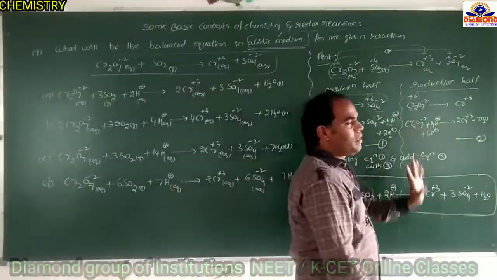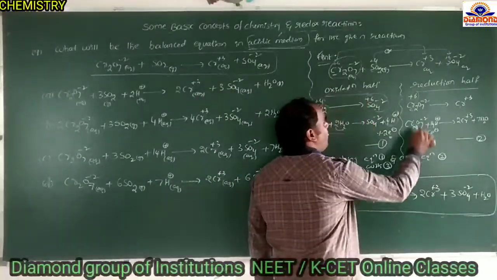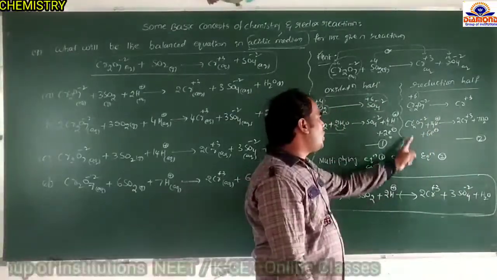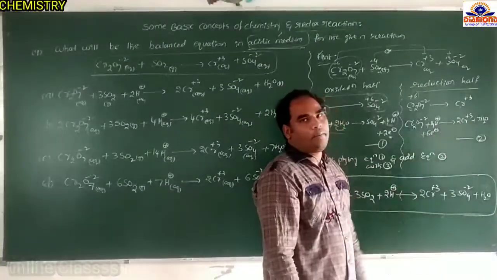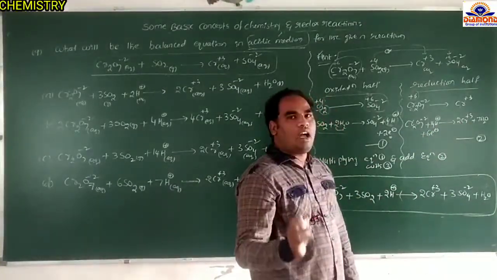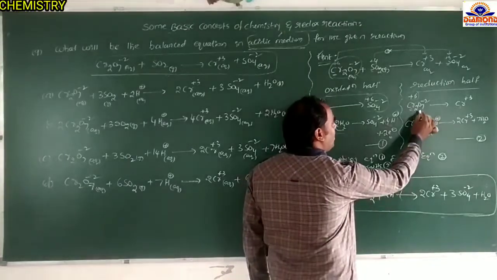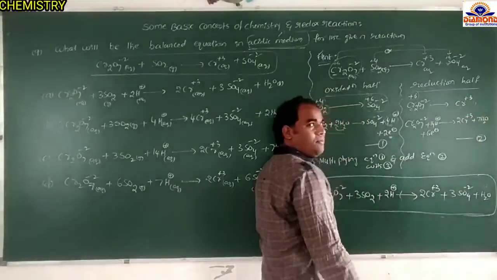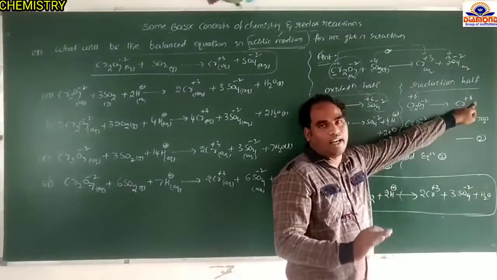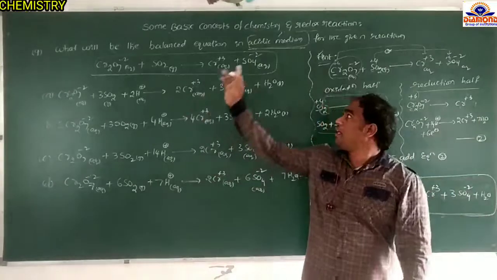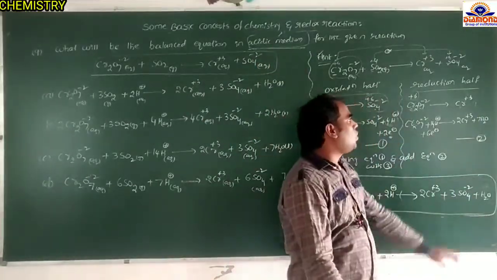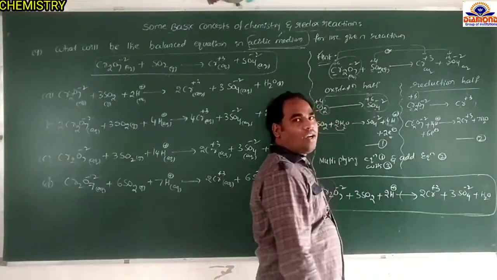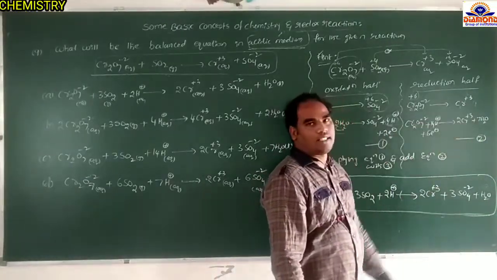Next, in this method, the reduction half. First, balancing atoms other than oxygen and hydrogen: so, 2Cr balancing. Next, balancing oxygen atoms. Here 7 oxygen atoms, but on that side there is no oxygen, which means 7 oxygens are left. Therefore, in acidic medium, to balance the oxygen, we add water molecules, H2O. How many water molecules are required? 7, because 7 oxygens are left.